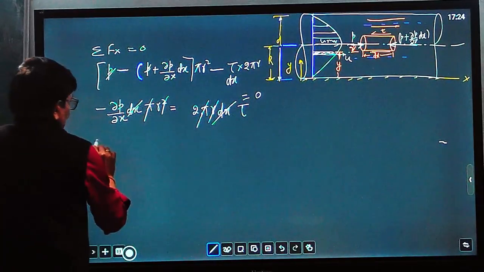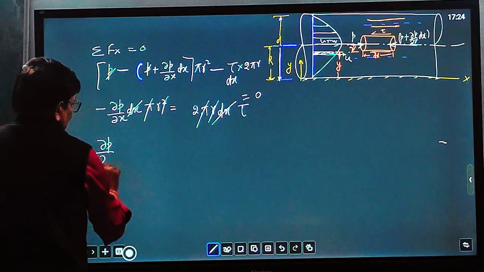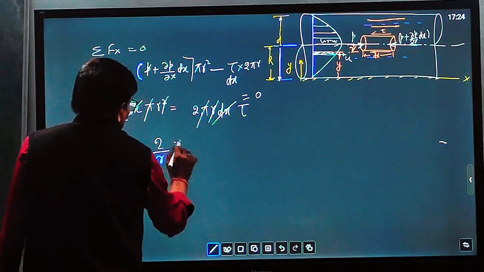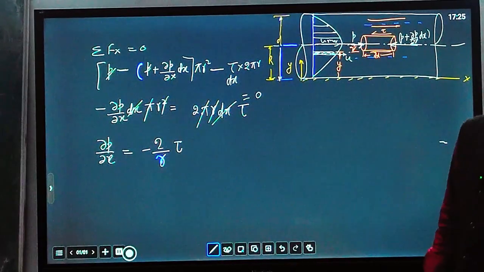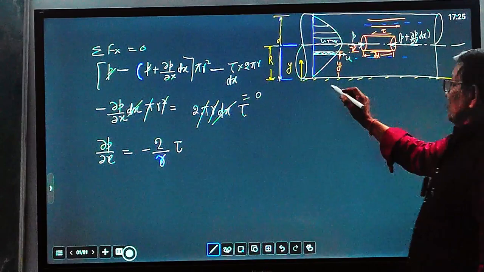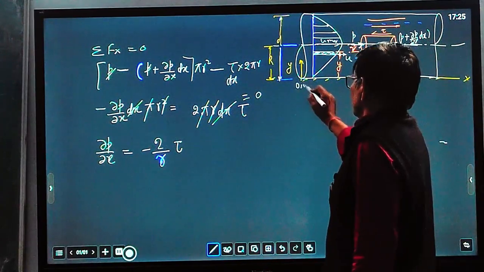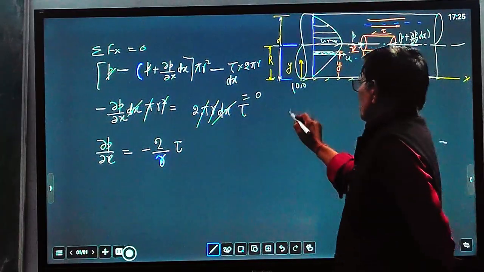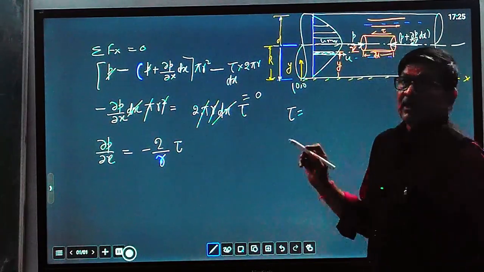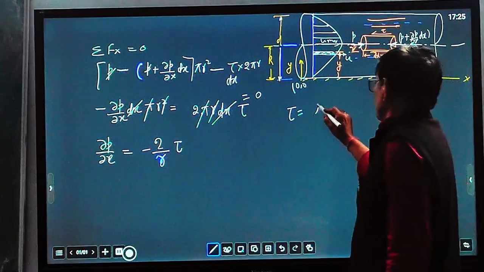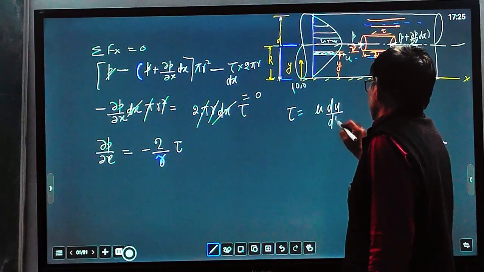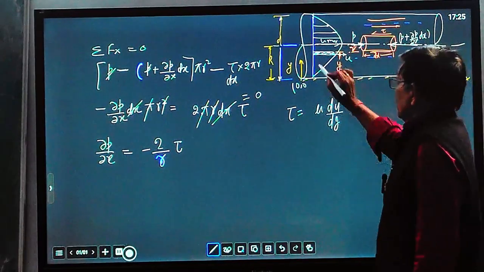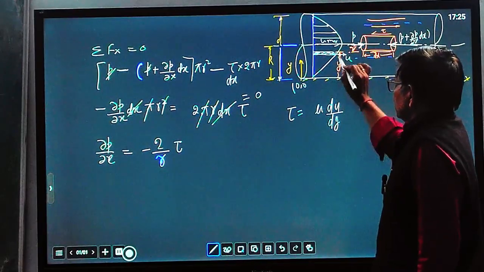So del p over del x equals minus 2 upon r tau. Now what is tau? Here, because we have taken the reference line at 0 and y is the distance, we can define tau from Newton's law of viscosity: tau equals mu du over dy.